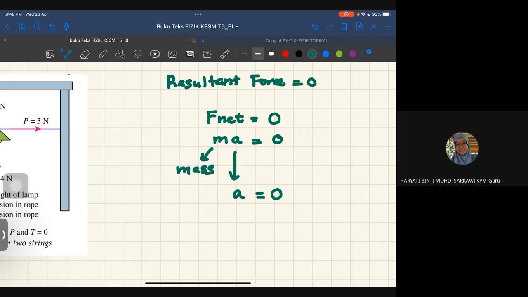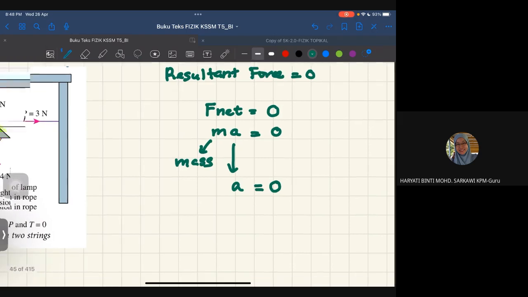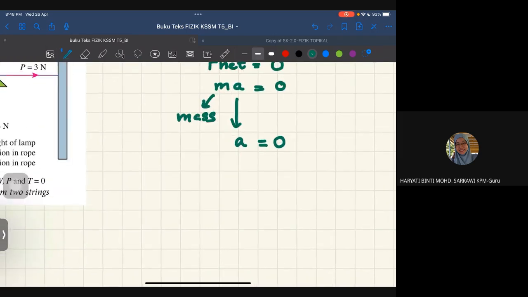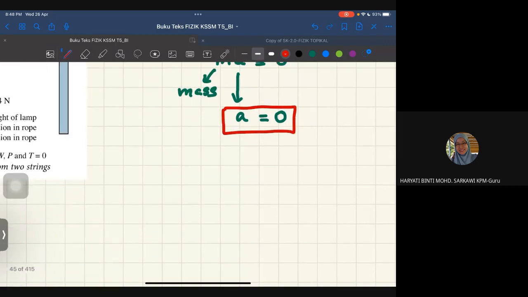So when will the acceleration equal zero? What are the situations where a is equal to zero? There are two situations. One is when the system is stationary. Another one is when the system is moving in constant velocity.